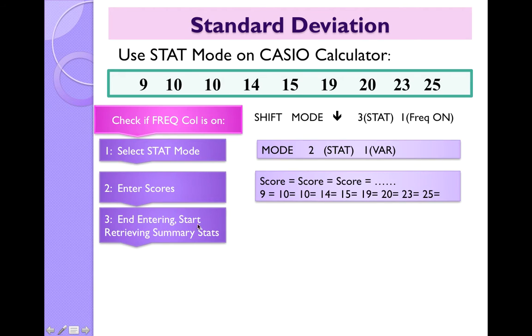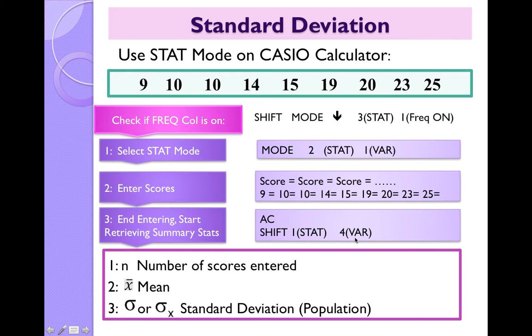You enter the scores by entering each score followed by an equal symbol. Score equals symbol, score equals symbol. Once you've entered the last score and the last equal symbol, you press the button AC, shift 1, which is statistics again, and number 4, which will give you the variables. You have 4 options there once again.